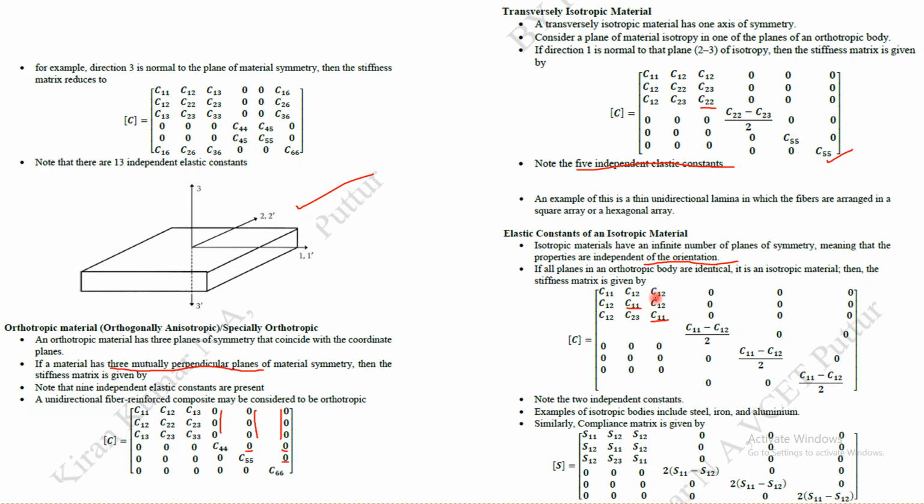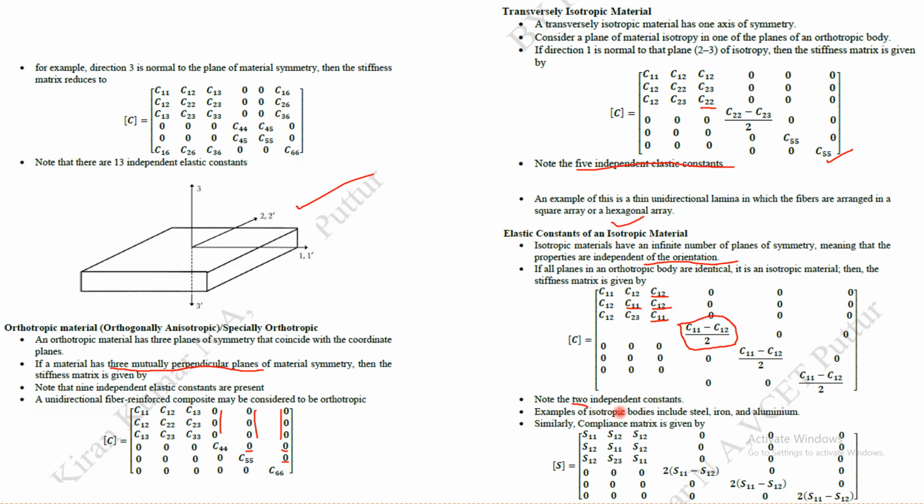The third direction shear strain constant also becomes the same value, that is C12 on these two sides, and the shear stress to shear strain relation also changes to C11 minus C12, divided by 2. So only two constants exist in this case, that is C11 and C12. This is about an isotropic material.